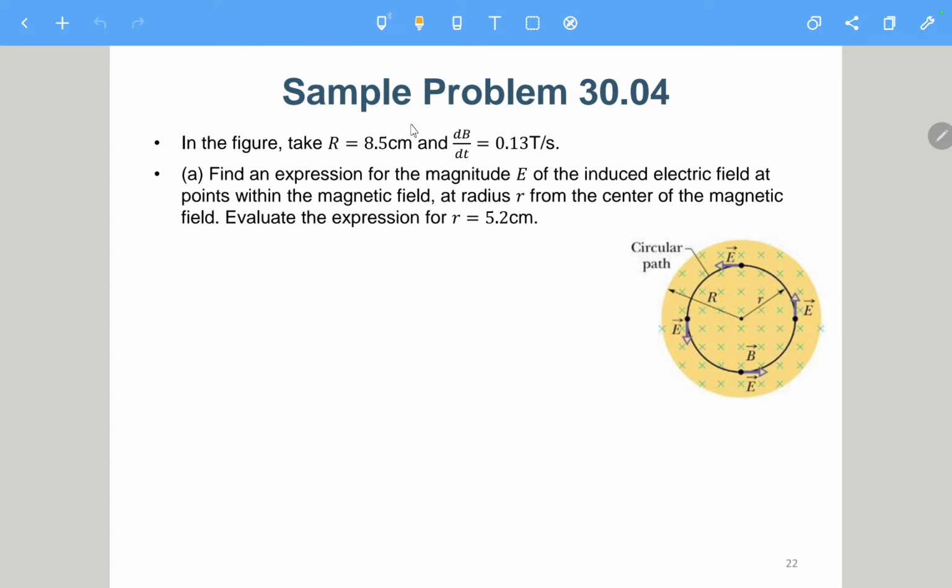So here we would like to find the induced E field. Of course, capital R is the radius of this area, which is 5.8, and we would like to find the E field at r equals 5.2, which is smaller. So this is the Amperian loop.